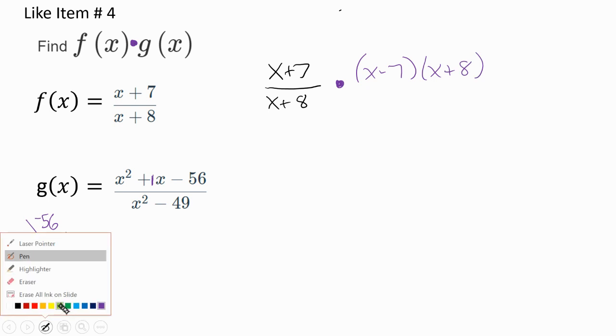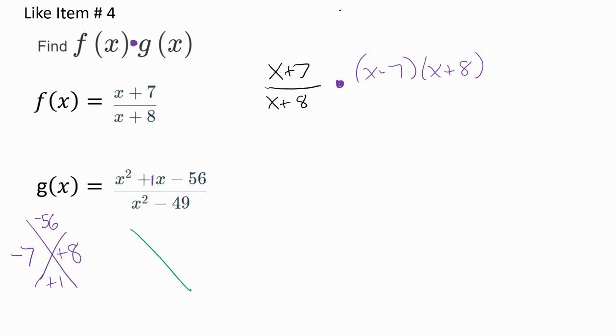And the bottom, we're also going to have to do the magic x, or if you know how to factor it based on that pattern, you can. So we need what multiplies to negative 49, but notice how there's only 2 terms. We know it's going to be a 0 here. So what multiplies to negative 49, but adds to 0?